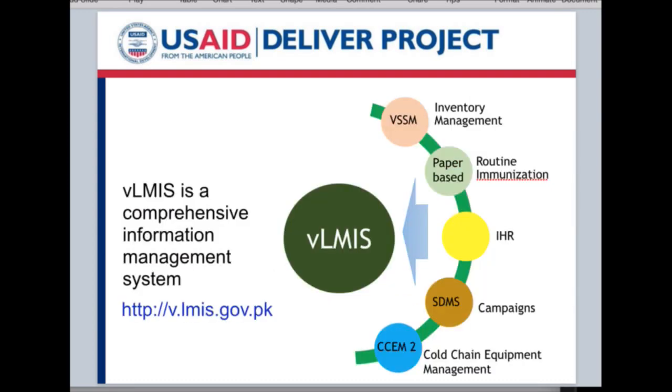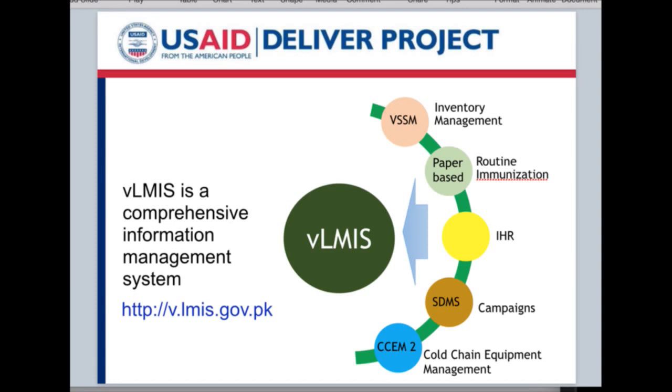vLMIS is a comprehensive software in the sense that there were so many software systems present at the time it was started. At one end there was VSSM, at the other end UNICEF was collecting data on CCEM2, and inventory management was totally paper-based in registers.